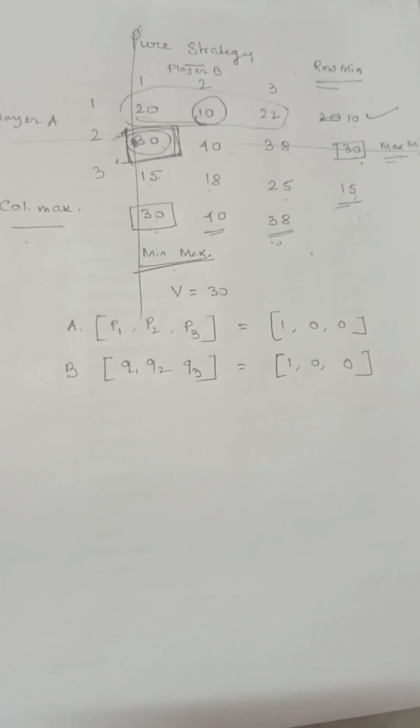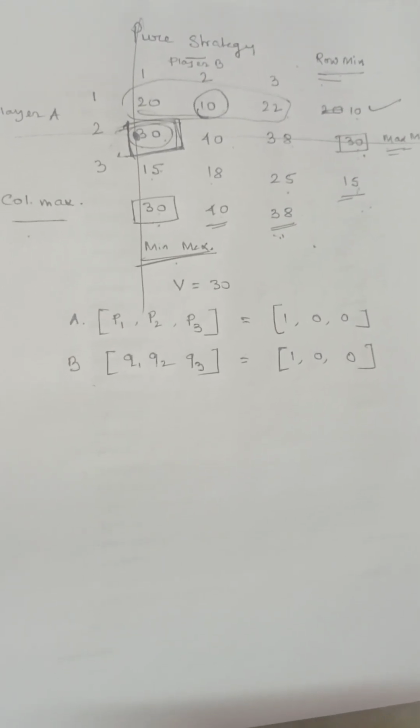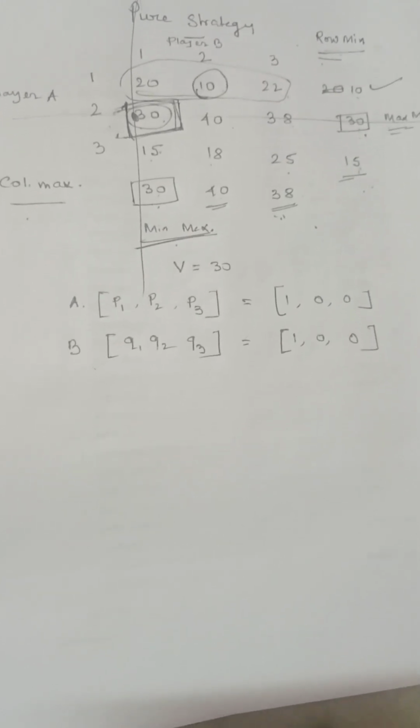I mentioned that this example stands for pure strategy. And in case of pure strategy, the saddle point, that is the intersecting point, will be your value of the game. So the value of the game is 30.